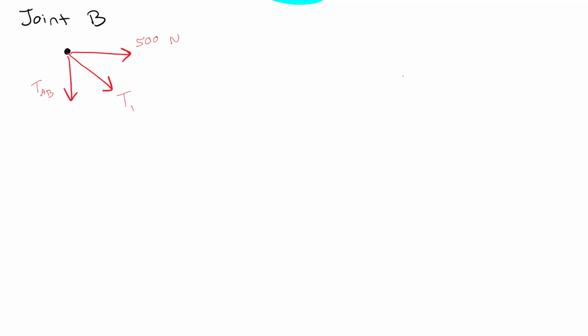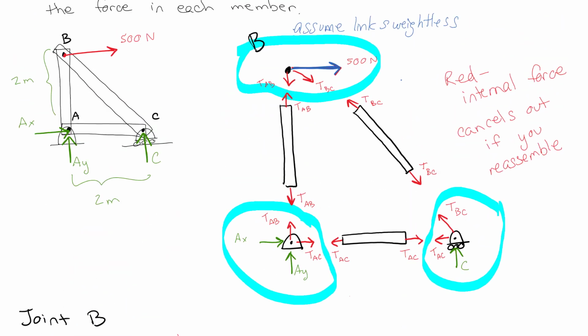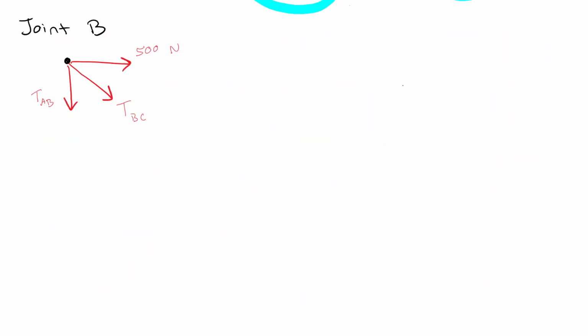If you remember the original picture, this was 2 meters and 2 meters, so we've got a nice little 45-degree angle here. So that's good. Now, something important to note, one of the reasons I started with joint B, let me draw the other ones out just so we can see.